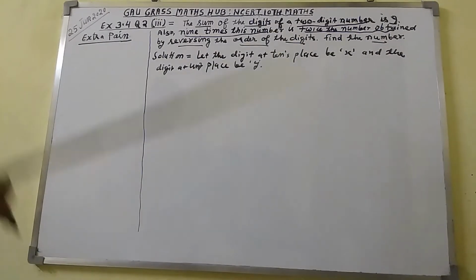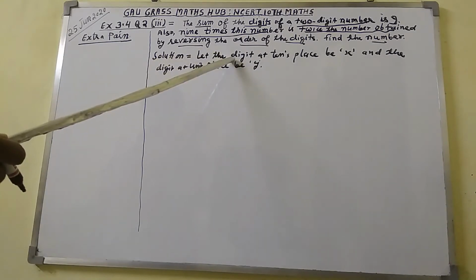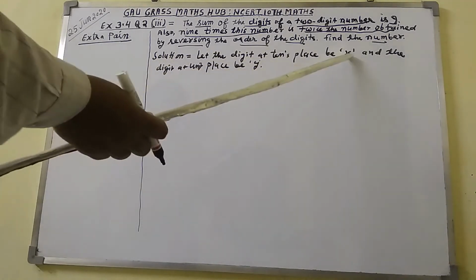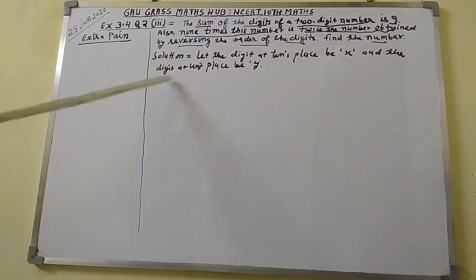Now I have written here, let the digit at tens place be x and the digit at unit place be y.